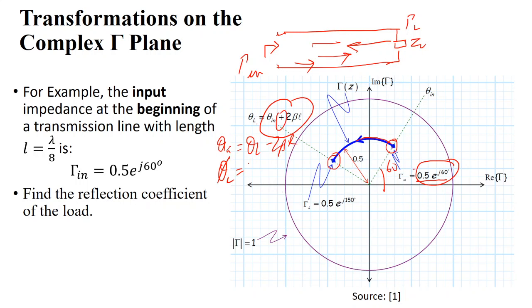Once you know the reflection coefficient at the input side, you can find the reflection coefficient at the load. Or if you know the reflection coefficient at the load, you can find it at this point, vice versa. Moving clockwise means you are moving in this direction, and anticlockwise you are moving in this direction.